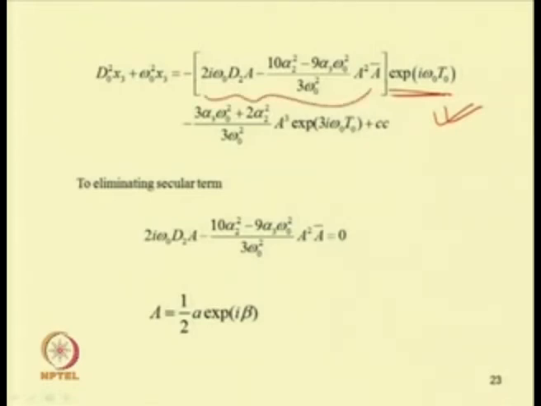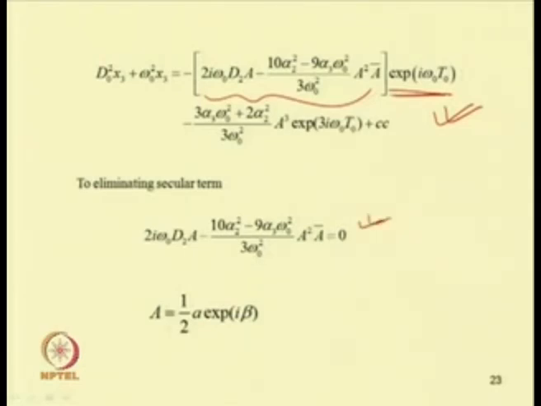One has to eliminate this term to make the solution bounded. To eliminate these terms, we can write 2 i omega 0 d 2 a minus (10 alpha 2 square minus 9 alpha 3 omega 0 square) by 3 omega 0 square a square a bar equal to 0.